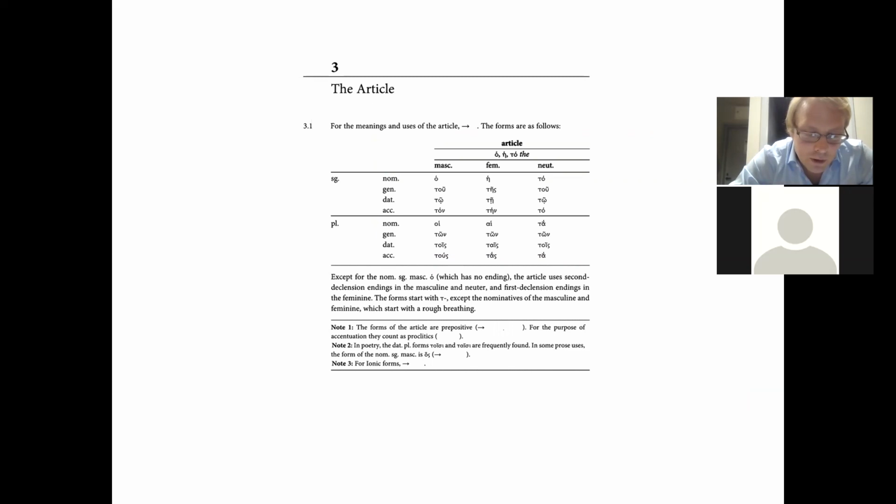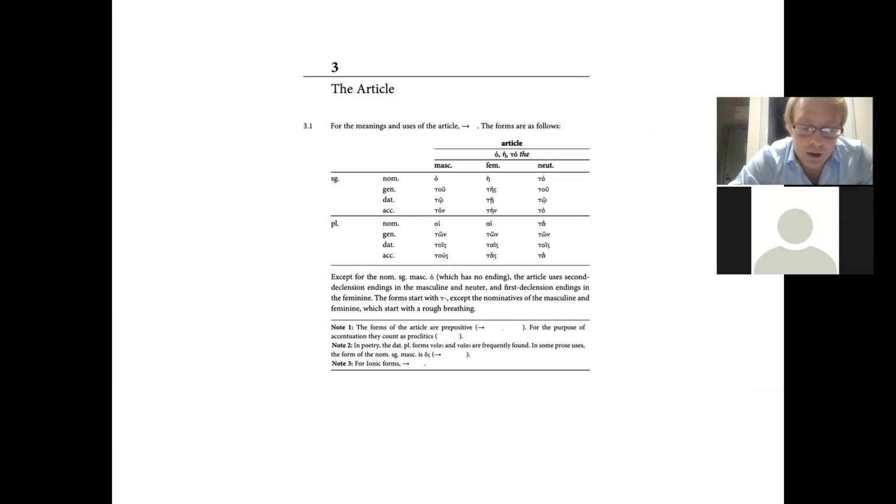Anyhow, on the screen, you can now overview how the definite article is inflected. What you may note here is that there is a spiritus asper on the definite article when the article consists of a single vowel or a diphthong, and that many of the articles lack an accent.